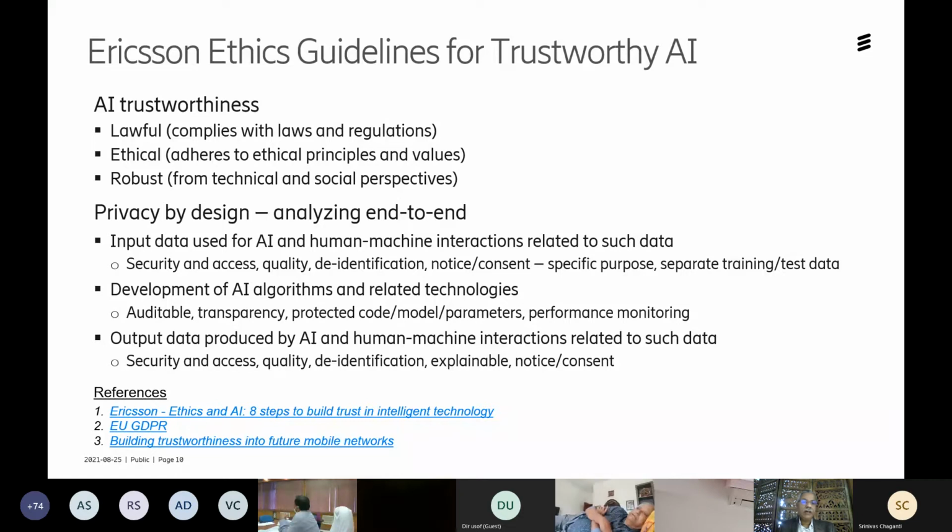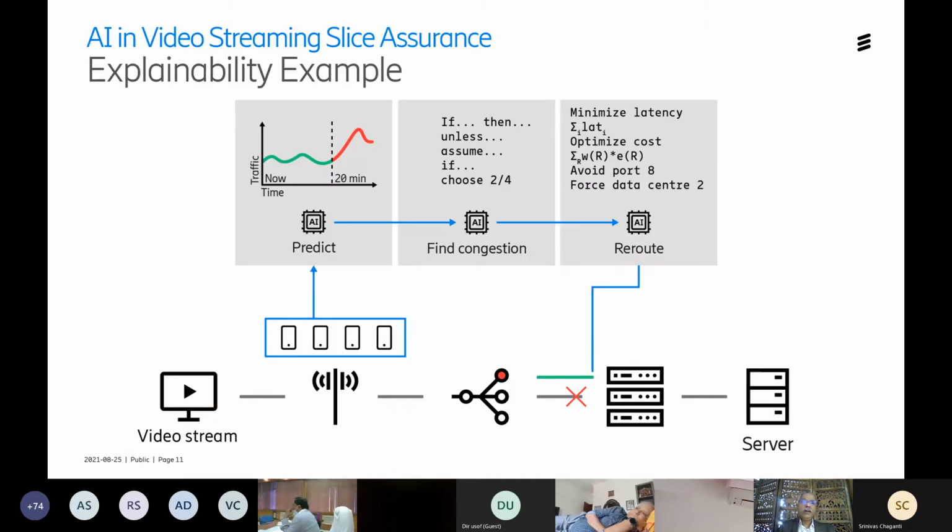So with that, I want to now give you a very concrete example. We talked about the considerations related to ethics and trustworthiness. So in a practical telecom network, what does this all mean? That is a question to consider. Let us just take this example in explainability.